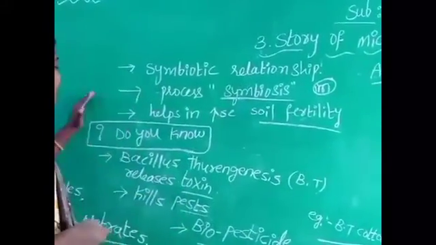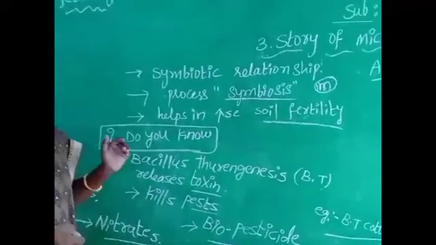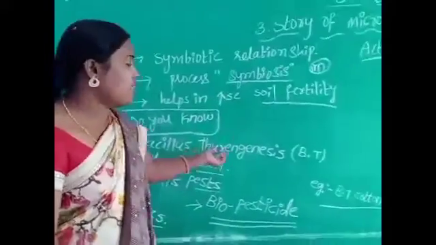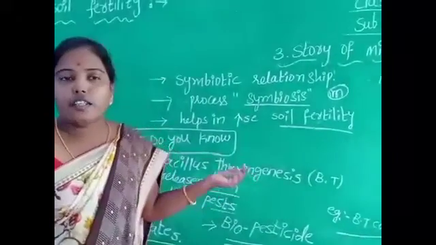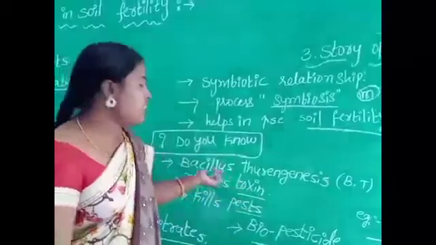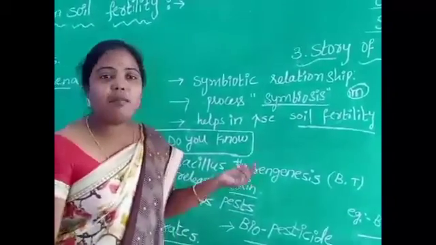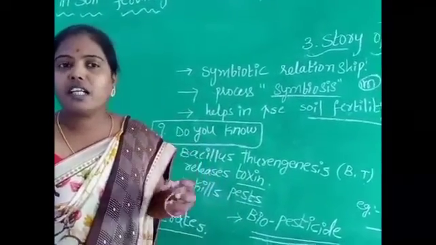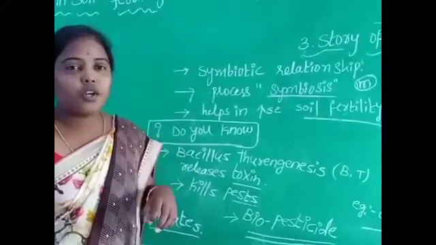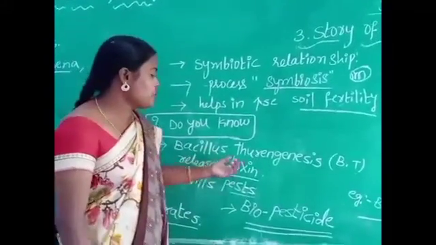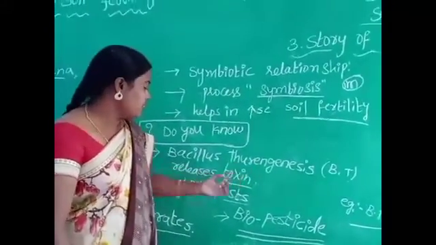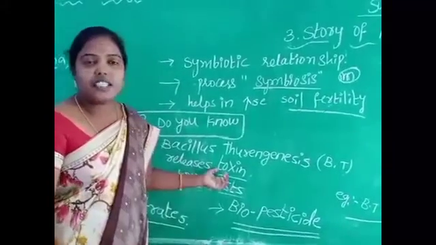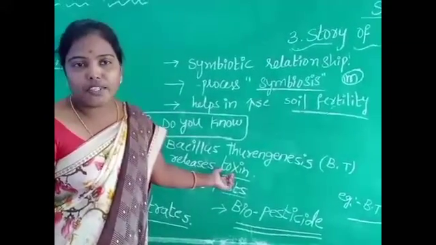Next topic, do you know? Children, do you know Bacillus thuringiensis? Shortcut name BT. Bacillus thuringiensis is a name of bacteria which contain toxic chemical in their body. This bacteria releases toxic chemical on the plant body.